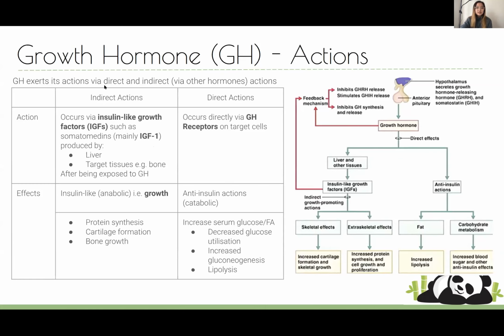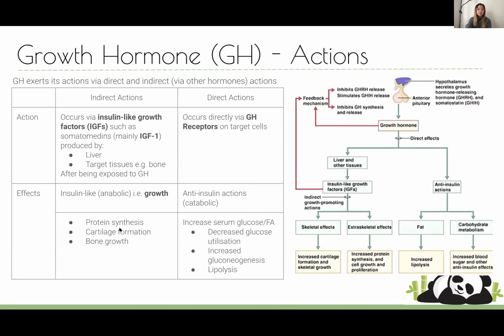It also exerts indirect actions. So this occurs via insulin-like growth factors, or IGFs, such as IGF-1, but also some target tissues like bone. And so essentially your growth hormone goes to your blood, goes to your liver, produces IGF-1, and then the IGF-1 goes on to cause your insulin-like or anabolic effects, essentially growth.